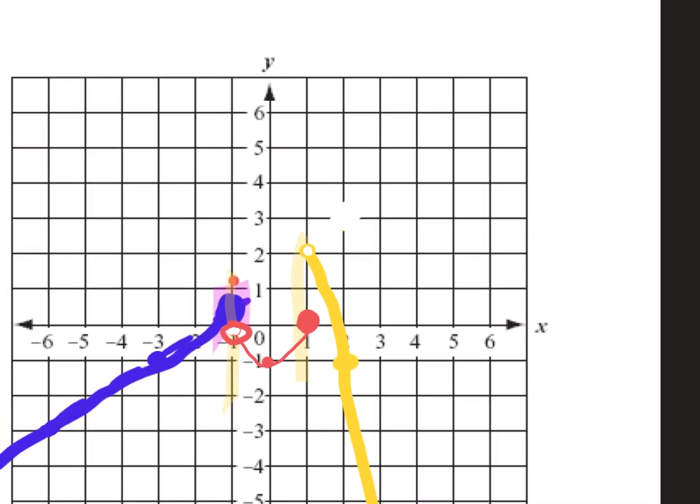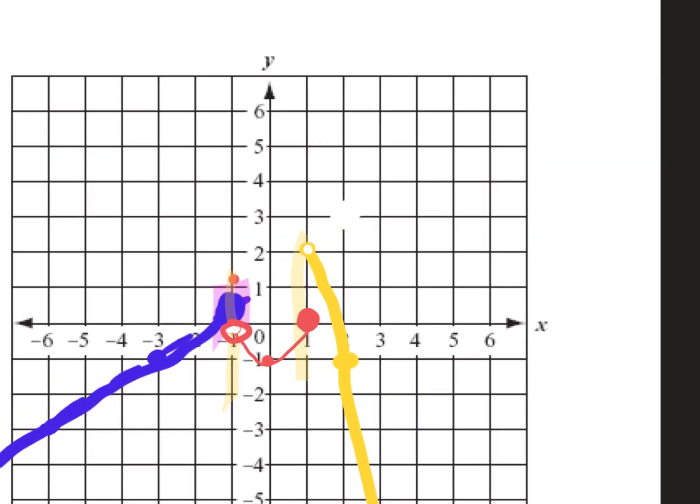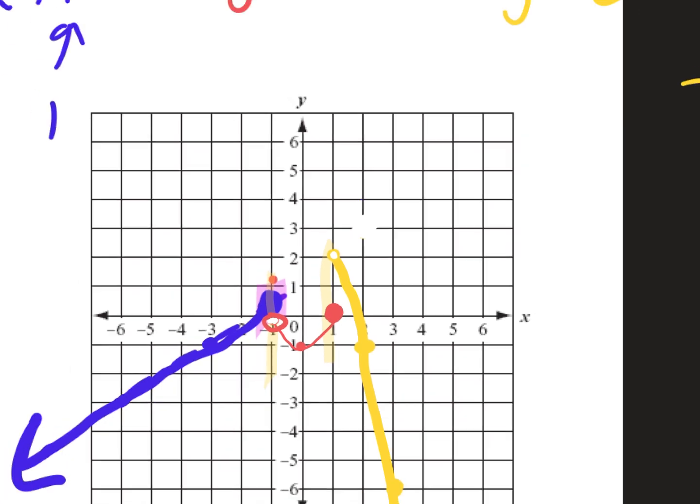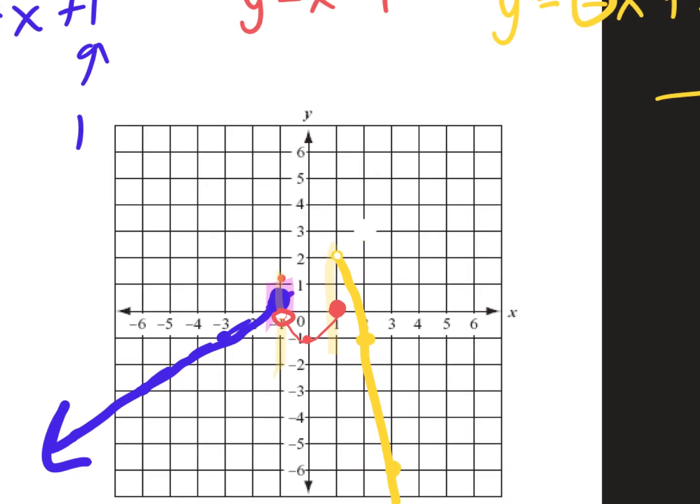You might have where your line for one equation stops here, and then the next one starts here, to where one is open, one is closed. That's okay, but you will never have two included dots on the same x value. Will you never have two open dots? Yeah, you can have two open, but you can't have two closed.